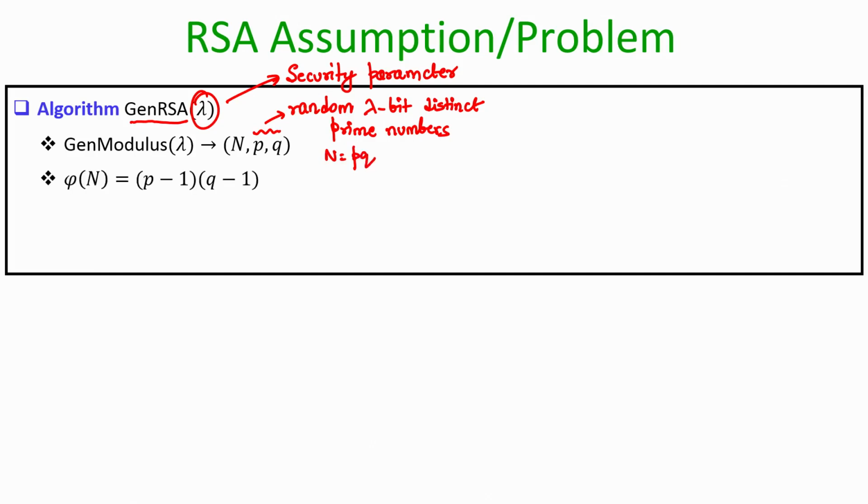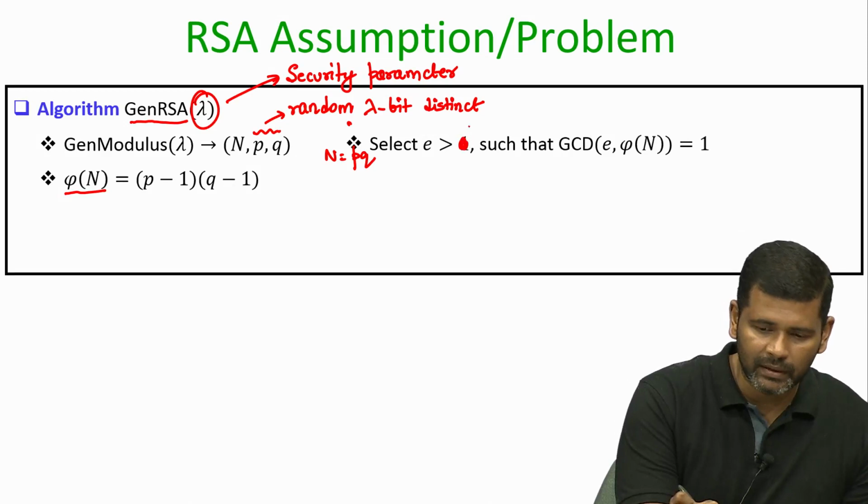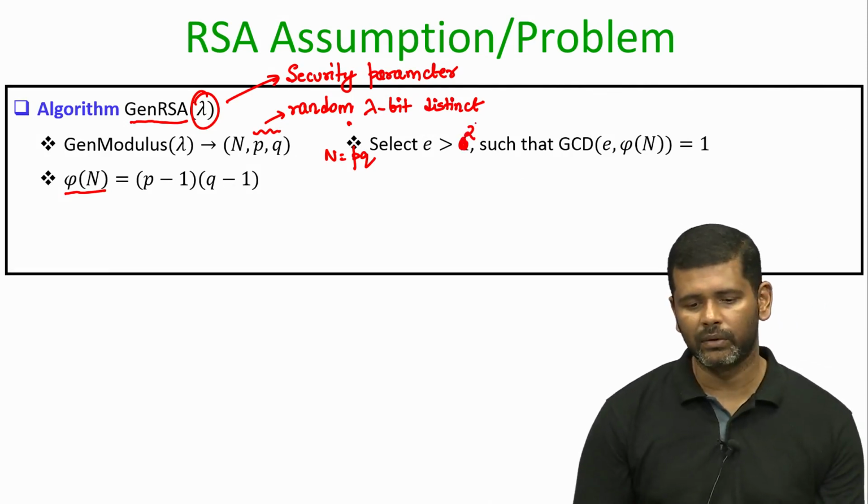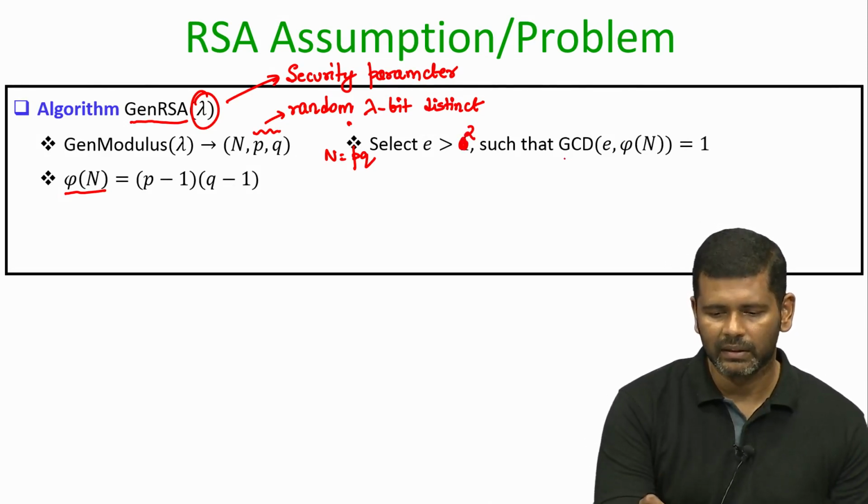Now, since n is the product of distinct primes p and q, we know that the value of phi of n is the product of p minus 1 and q minus 1. Then, as part of this Gen RSA, we select a value e which is greater than 2, such that e is relatively prime to phi of n.